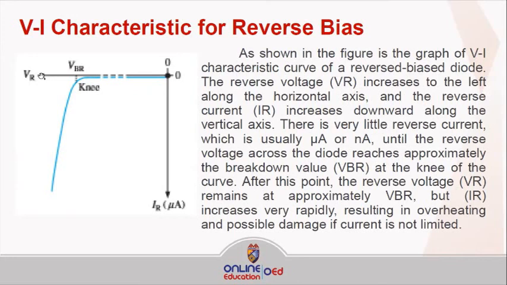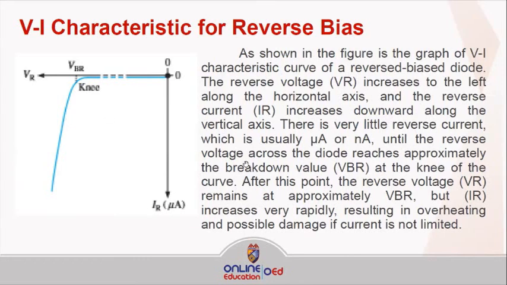Okay, papunta doon. Okay, habang tumataas yan along the horizontal axis, yung reverse current na IR naman, unit is in microamperes, increases downward. Okay, pababa along the vertical axis. Then there's a very little reverse current which is usually microamperes or nanoamperes. Okay, sobrang liit lang ang value ng reverse current.